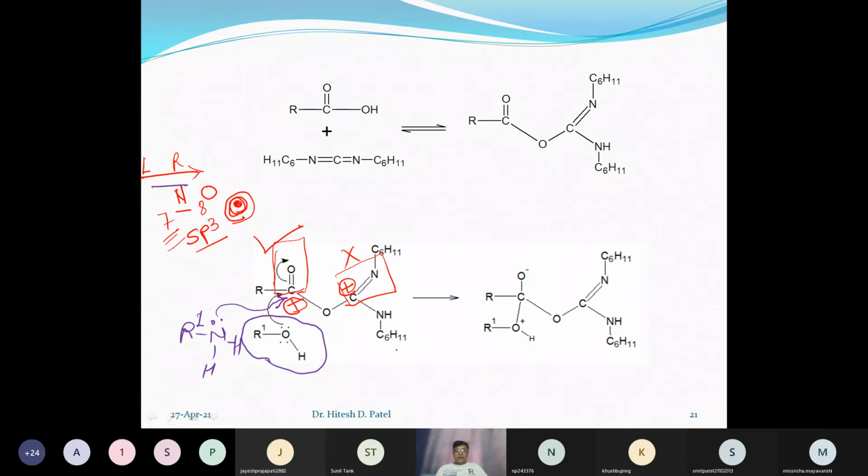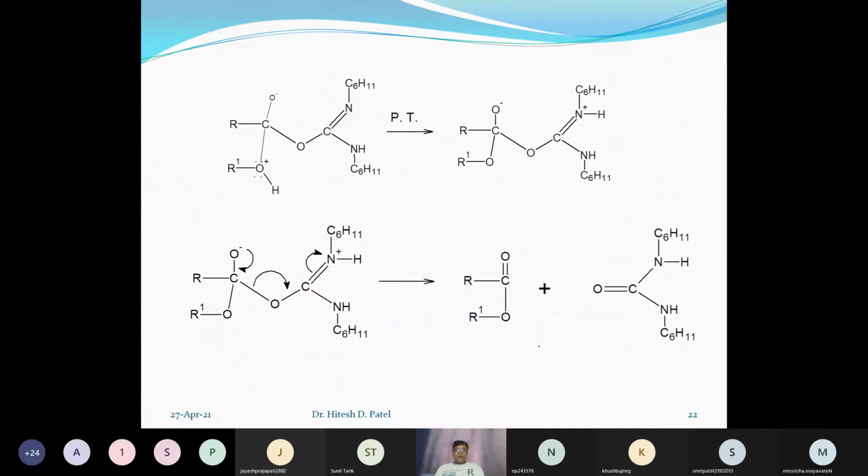When nitrogen attacks this carbon, instead of oxygen we can write N plus, with H. From this, proton transfer will take place, converting it into NH plus, and instead of oxygen we write NH only.